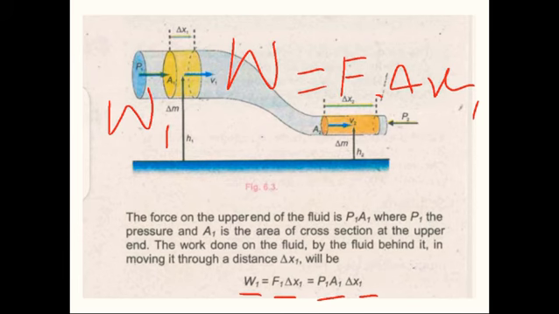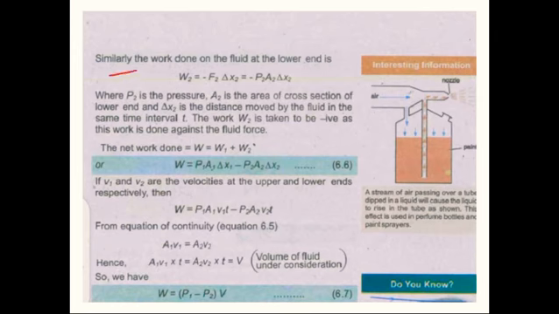The same case is here with the lower end. W1 is replaced by W2, and P1A1 delta x1 are replaced by P2A2 delta x2. Similarly, the work done on the fluid at the lower end is W2.